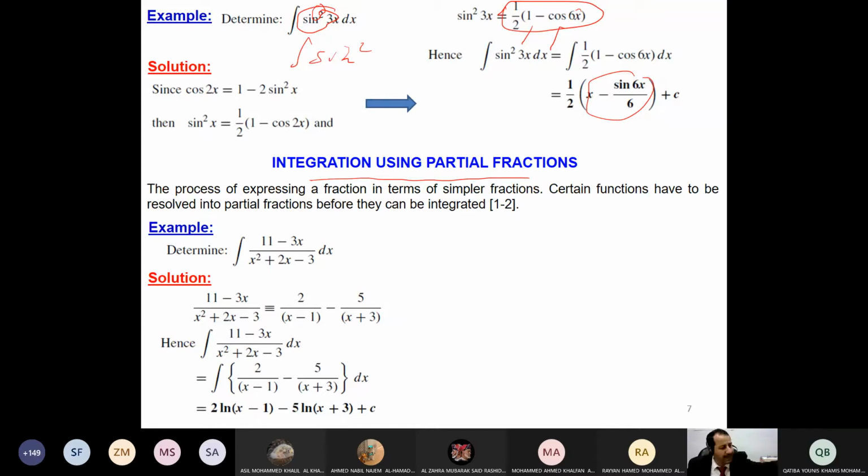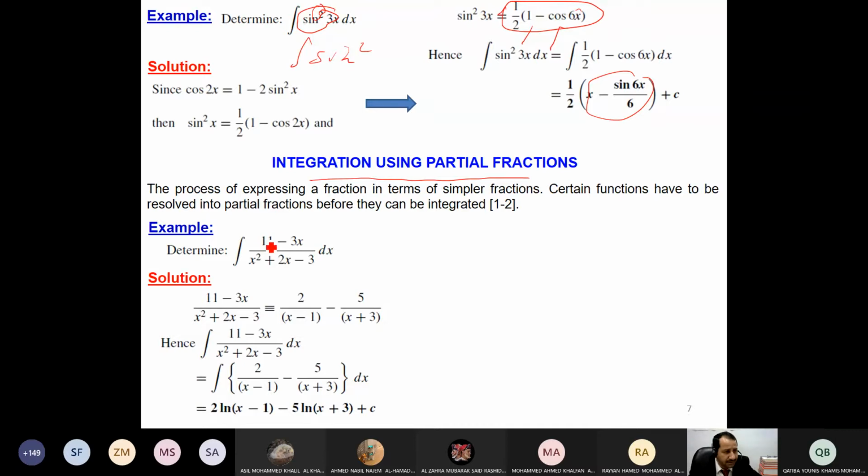Now, you will solve it based on the type of the denominator. You remember in foundation, and even in secondary school, you classify your fractions into linear, repeated linear, quadratic, and based on the type of denominator, you will find the fractions.